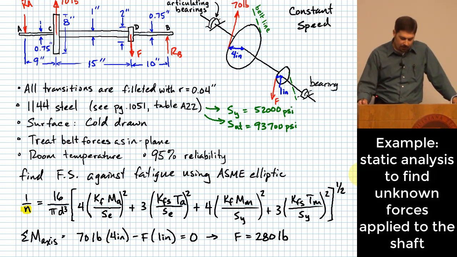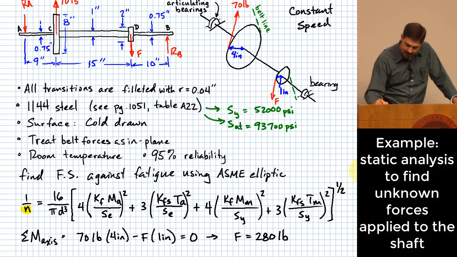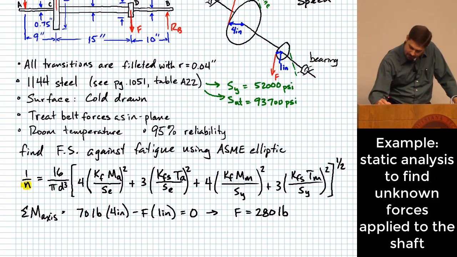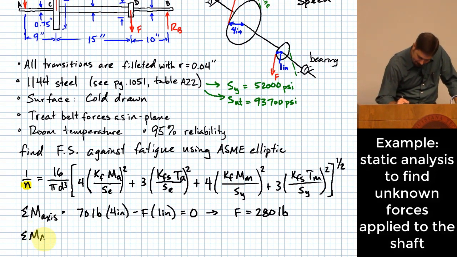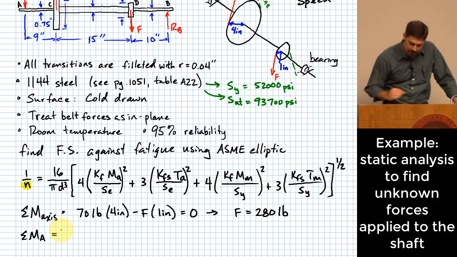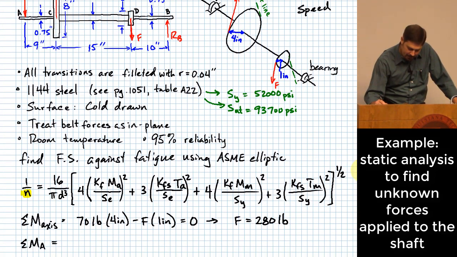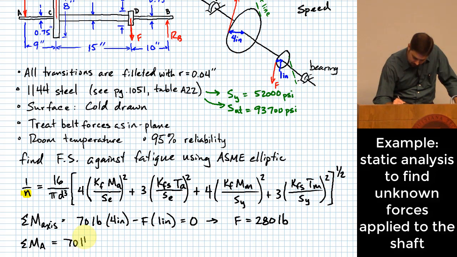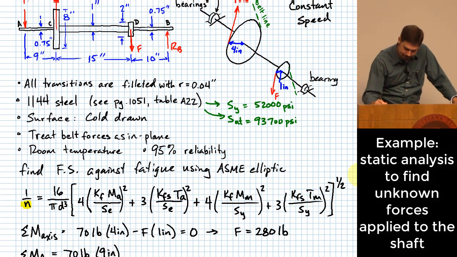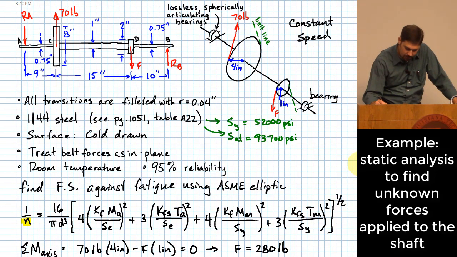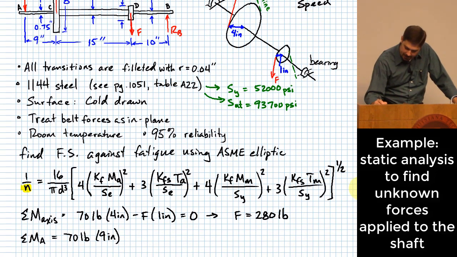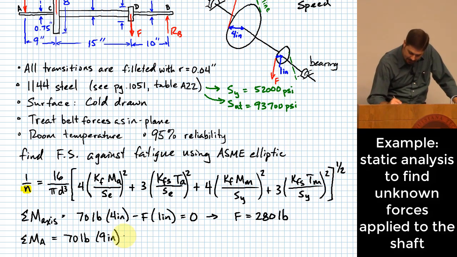Okay, we might want to take a moment around, let's say, point A. Okay, and if I take moments around point A, then what I have is 70 pounds times 9 inches, and that would be in the counterclockwise direction. Then I have F, which is 280 pounds. That would be in the clockwise direction.